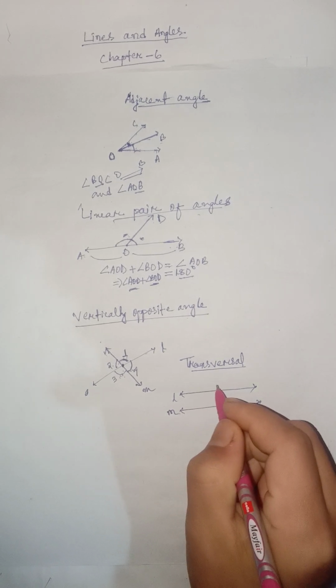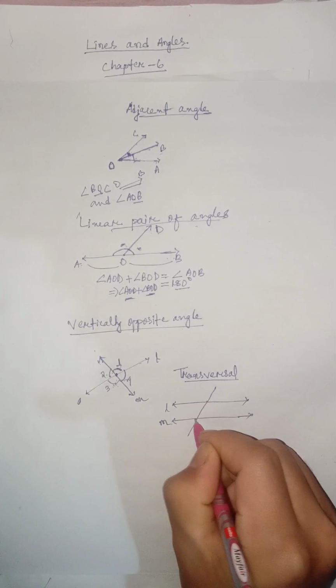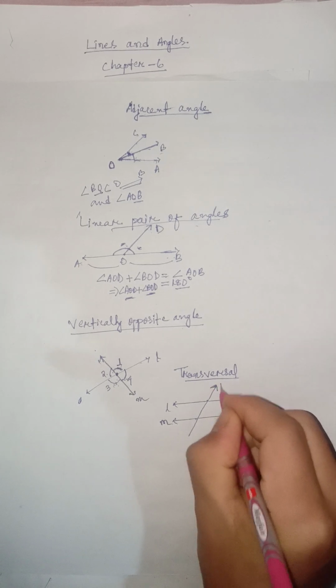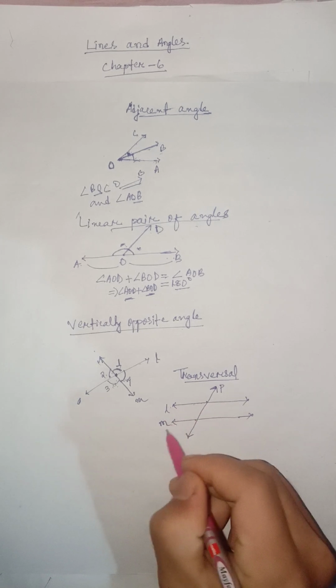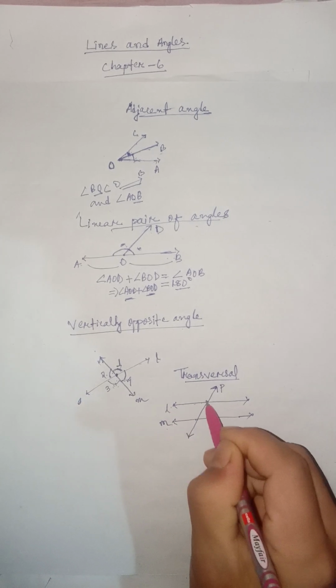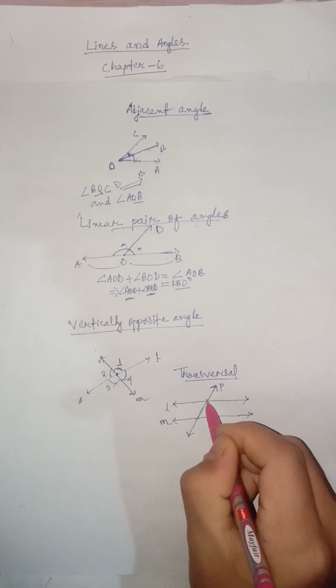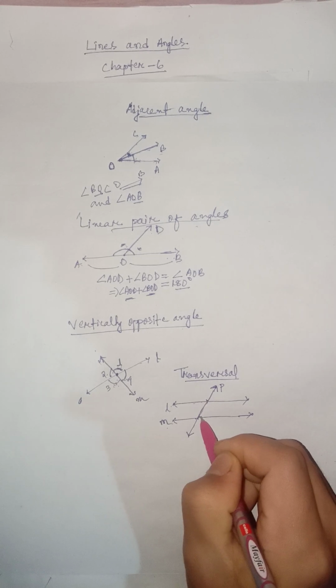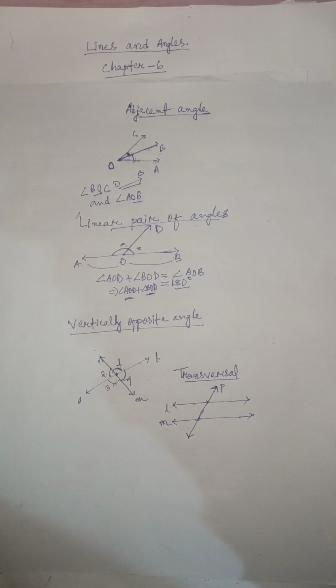And after that, if I introduce some other line to intersect these two lines, let me name this one as P. Now the two parallel lines, L and M, are intersected by this line. Then we'll call this a transversal. There should be some parallel lines and some other line which passes through them, and we'll call that a transversal.